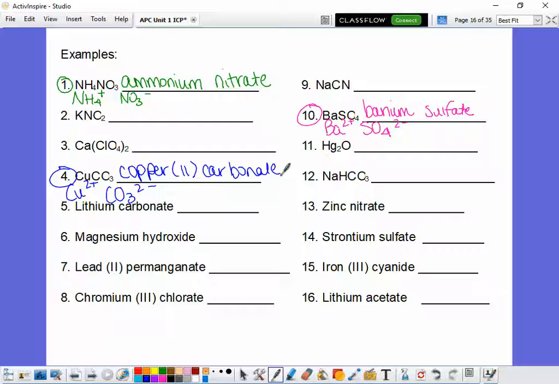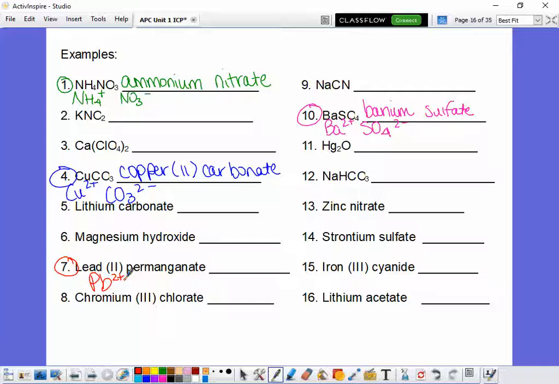Okay? Carbonate. All right, let's do a couple going from the name to the formula. Let's look at lead-2 permanganate. So lead-2 is what? Pb with what charge? +2. I always find it really helpful to write out the ions with their charges kind of as an intermediate step.